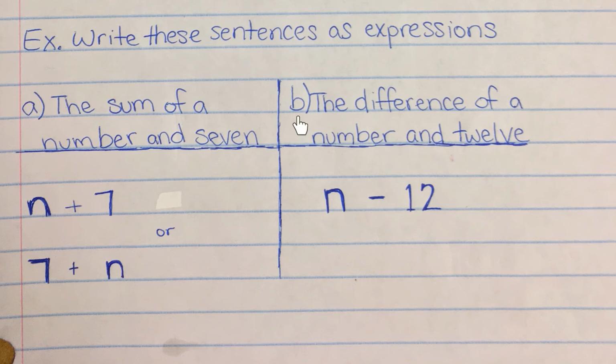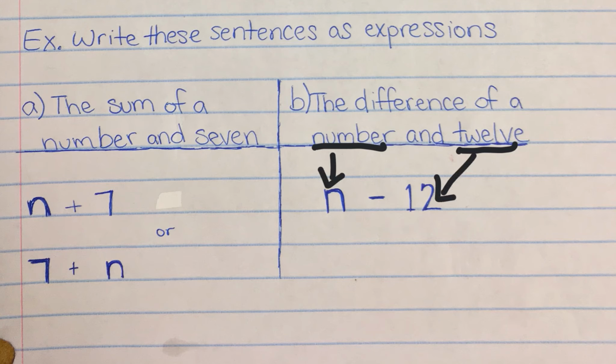However, here, for part B, we need to make sure that we pay close attention to the order. We see the difference of a number and 12. We can identify our values as a number and 12. We'll represent a number with n and 12 with obviously the number 12.